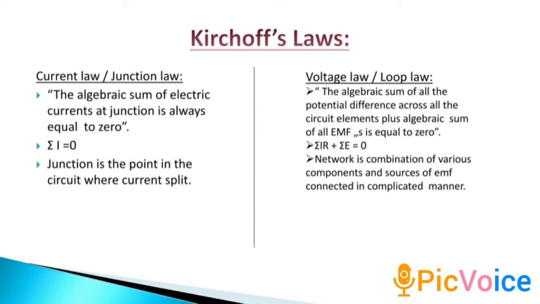In current law, summation of I is equal to 0, and in voltage law, summation of IR plus summation of E is equal to 0. The junction is the point in the circuit where current splits, and in voltage law, the network is the combination of various components and sources of EMF connected in a complicated manner.